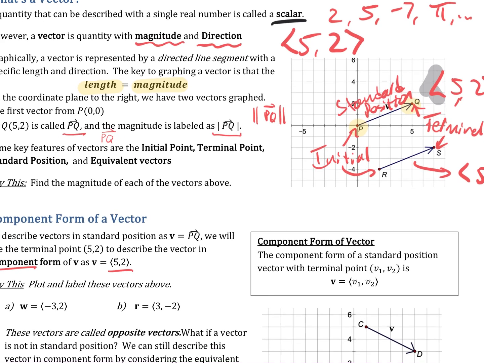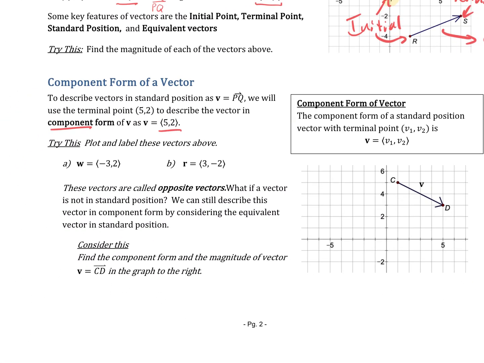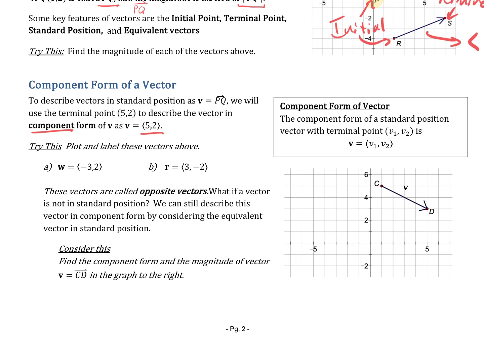Component form, again, is written as <5, 2>, which describes the horizontal and vertical directions. The component form of a standard position vector with terminal point (v1, v2) is written as <v1, v2>.